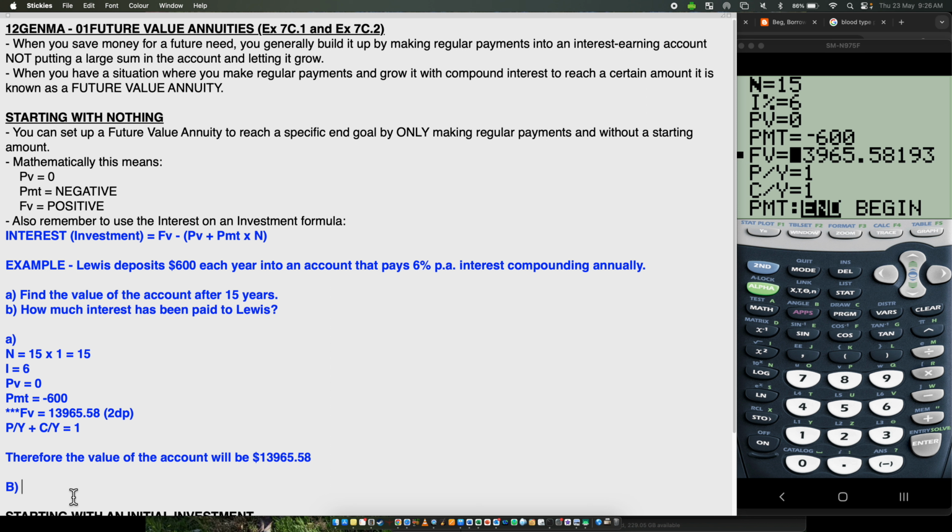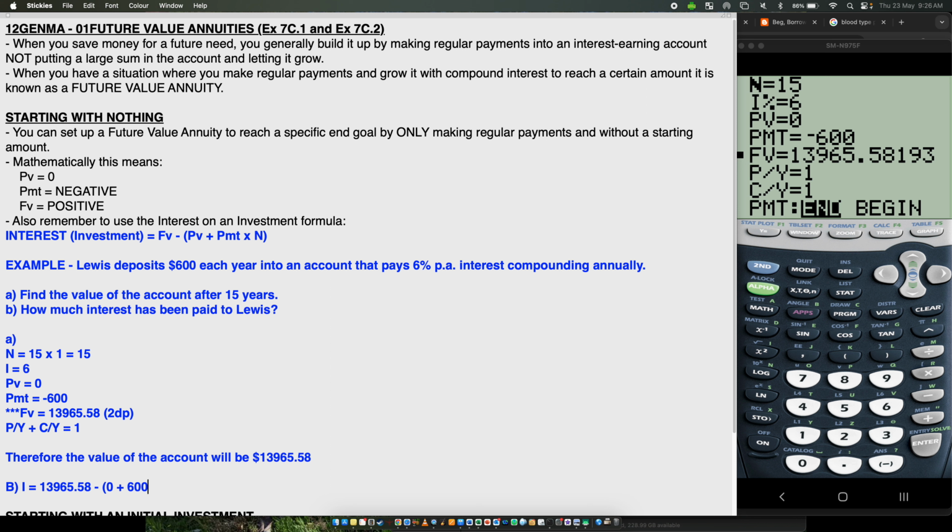How much interest is paid? Interest is equal to, using this formula here, what it grew to. So it grew to $13,965.58 minus PV. Was there a PV? You didn't start off with anything, so PV is going to be 0. But unlike last lesson, was there a regular payment?